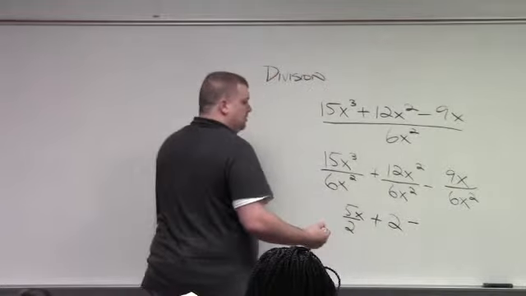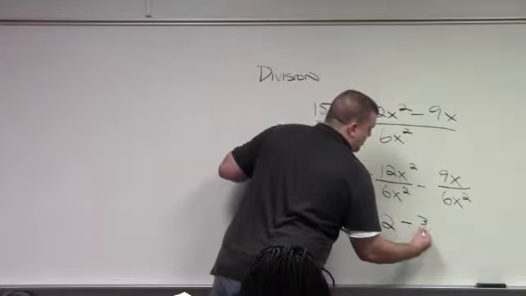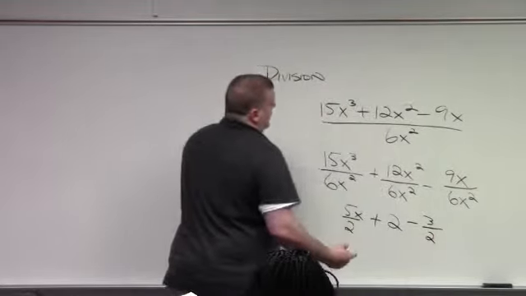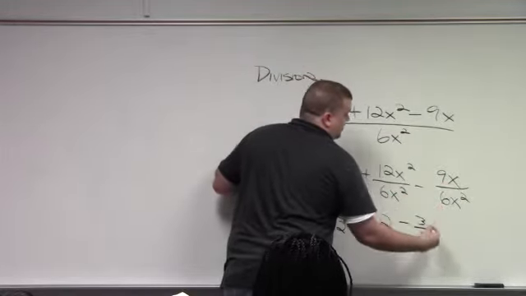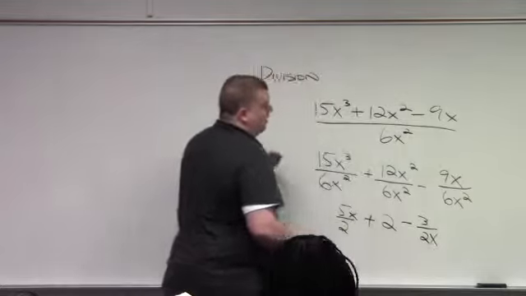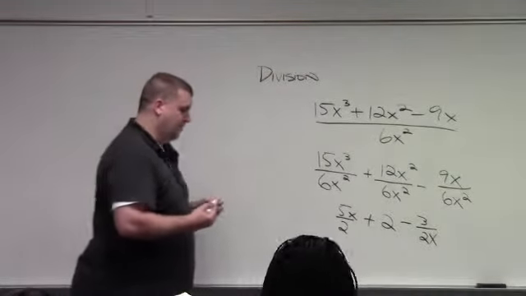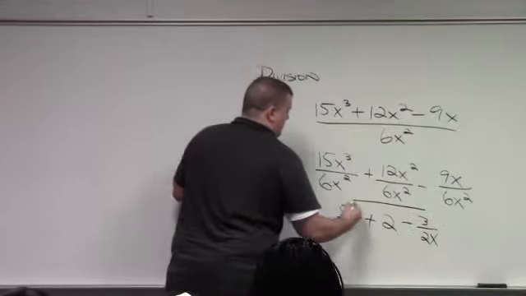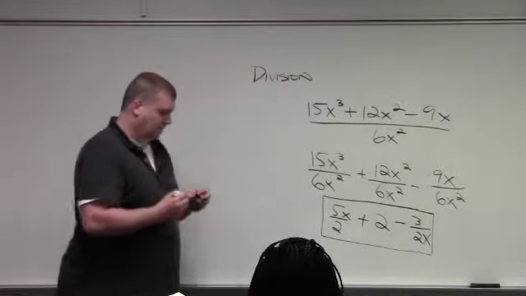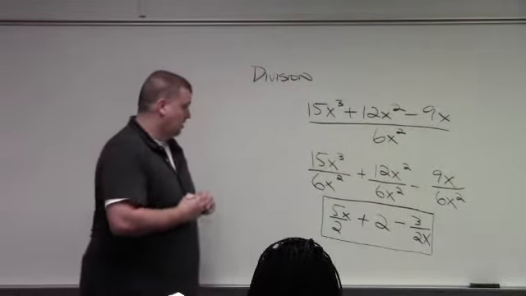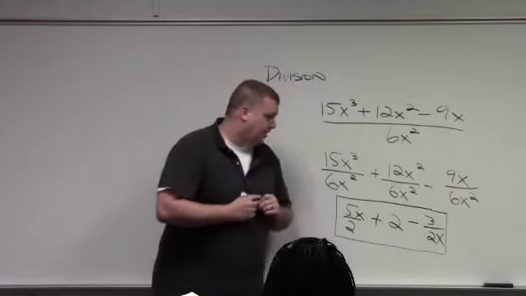9 over 6, 3 halves. X on the bottom. Right, the x would go on the bottom because I have one more left over. One of the x's would cancel off, leaving an x at the bottom. And we'd have to leave it like that. There wouldn't be any like terms we can add together there.